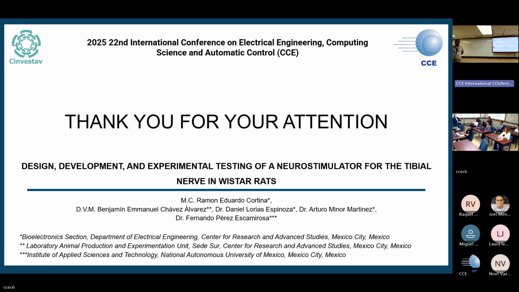The device is a prototype, so we need to perform more tests. So we cannot say that the device is commercial, because we need to test it with other types of tests. For example, in this case, we use an animal model, but we can perform some validation with resistors or capacitive loads, and we can measure, for example, the behavior of the components.